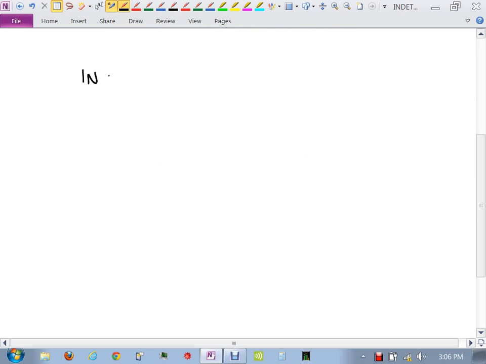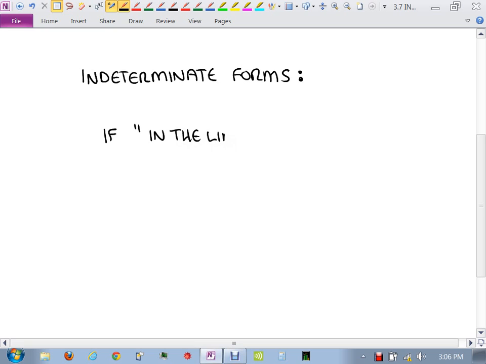So what are indeterminate forms? If in the limit you get 0 over 0.